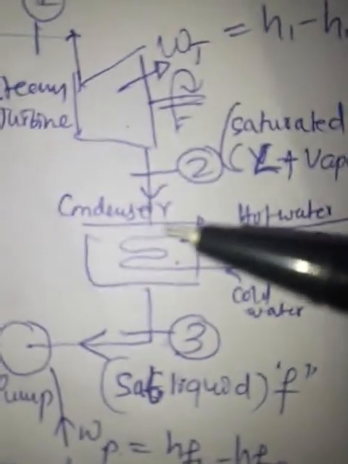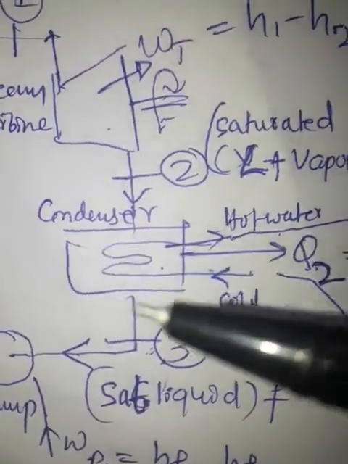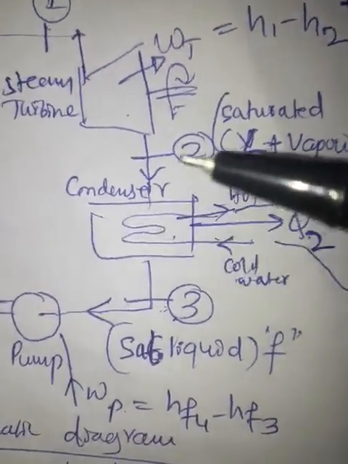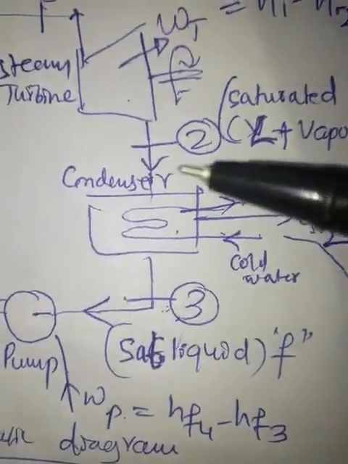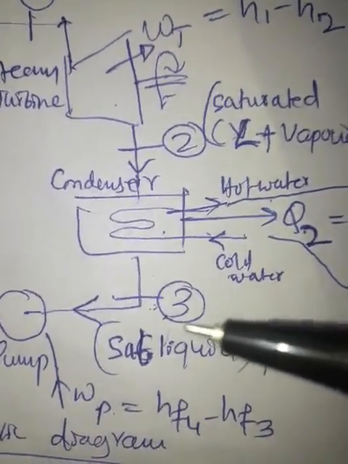Then the steam, after ejecting heat energy to the bunch of tubes, gets condensed. That is, it changes its phase from vapor, that is wet steam, to the saturated liquid condition.